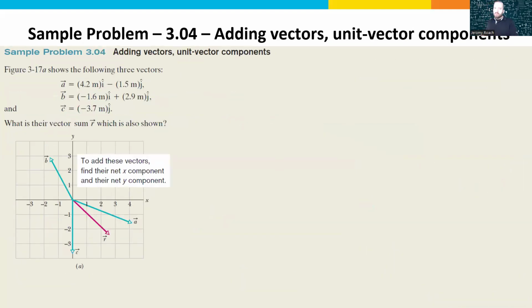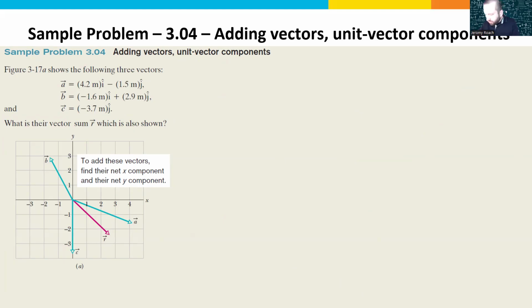Okay, next sample problem is adding vectors, unit vector components. This figure shows the following three vectors, and it shows it in unit vector notation with i hat and j hat. Really, it's just looking at where the coordinates of it are located.